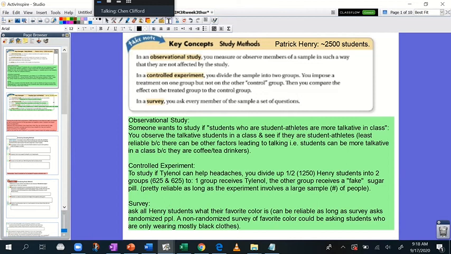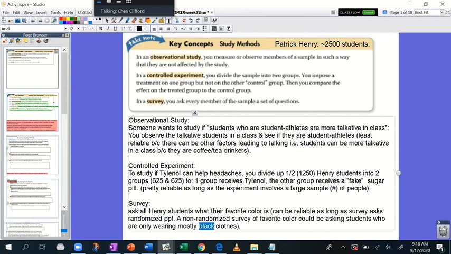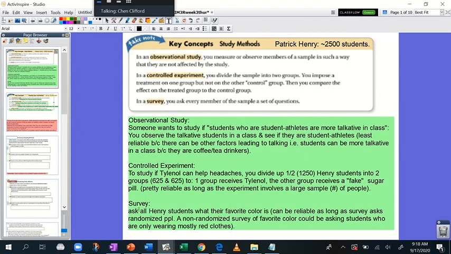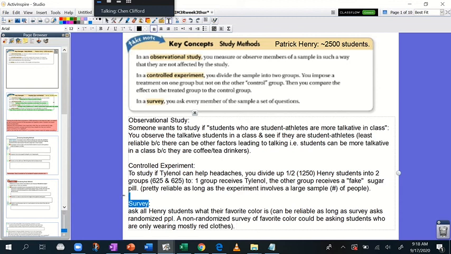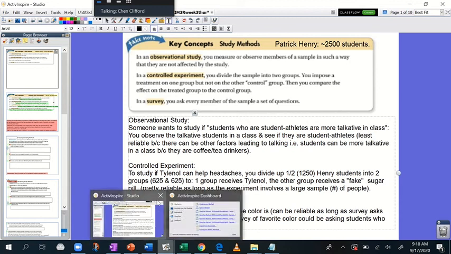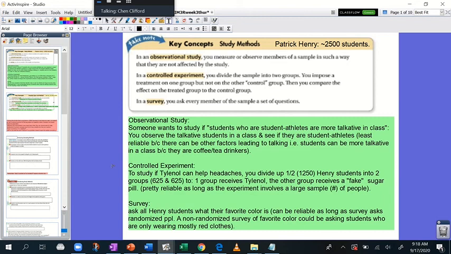So that's not reliable because those people are probably going to say, oh, well, black is my favorite color. If I change this to green or red, then they might say red is my favorite color. So when it comes to surveys, you want to ask random people. You want a randomized sample, a sample of people that you want to ask.